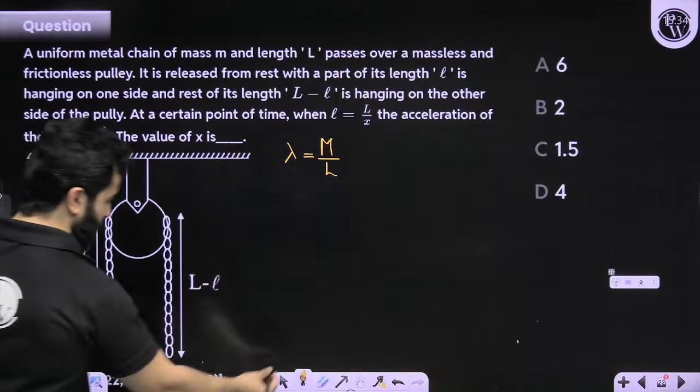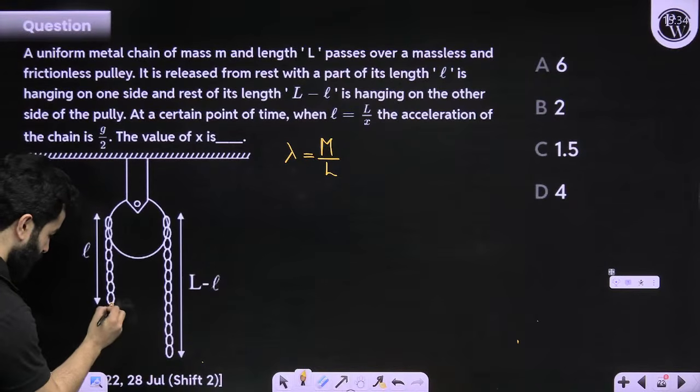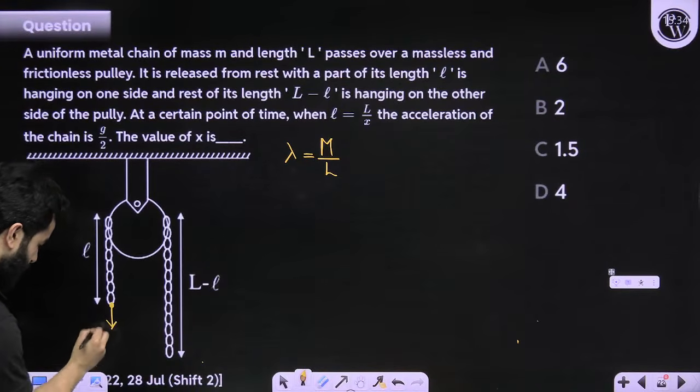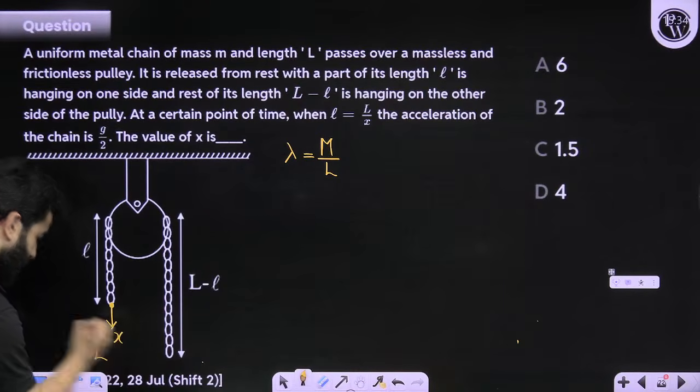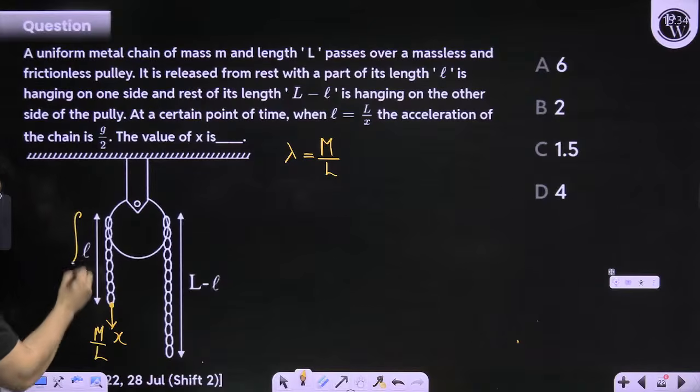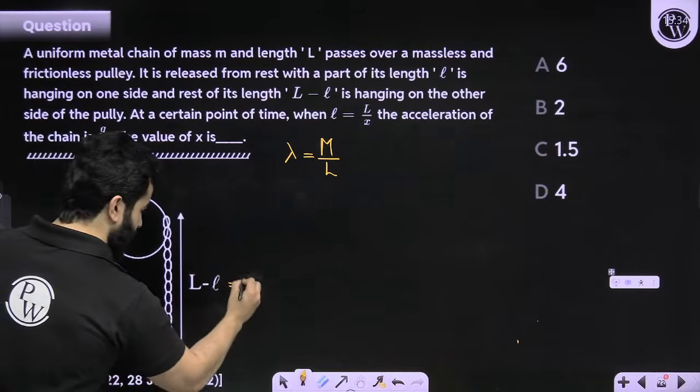So let's do one thing. Let's write this mass as m by L times x. Let's say this length is actually equal to x and this will be L minus x.